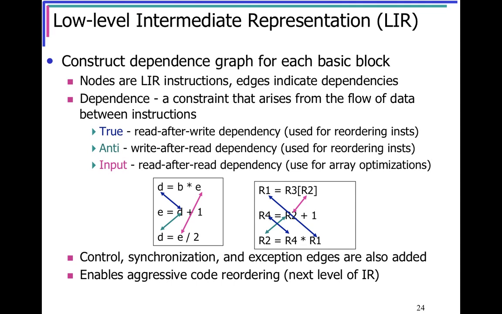There's other optimizations that can be performed as well. Some are based on arrays. And again, once we understand all the dependencies between instructions, the compiler and then the code generator can reorder instructions to get the best performing set of machine instructions out of our code.